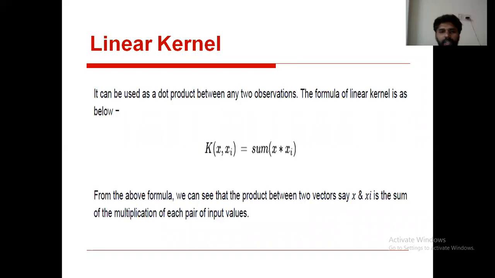Right. Then see here, how many vectors are we considering? Two observations. These two observations are treated as vectors. Here the first vector is x and the second vector is xi. Right? Here what we are performing is the sum of multiplications between the first vector and the second vector.